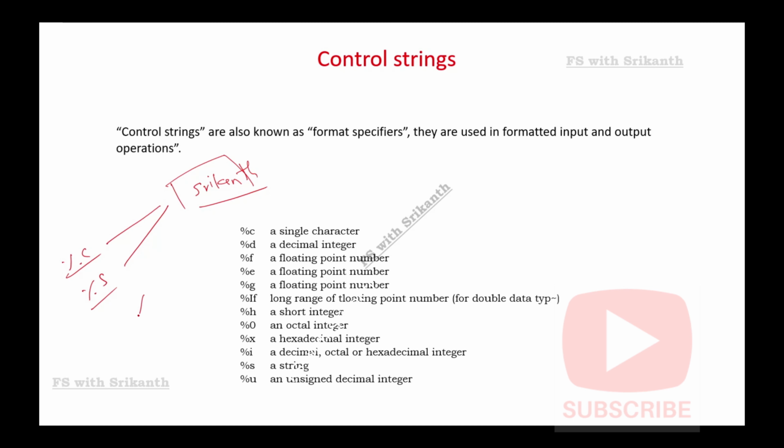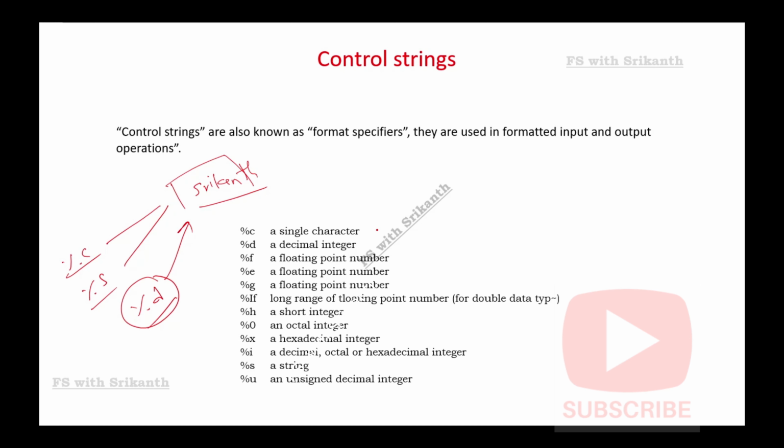When we are using %d, it never allows these types of values. The user is restricted. Why? Because %d is indicating an integer. So with the help of control strings we can restrict data, and when we print, the sequence of characters we can print with the help of these control strings.